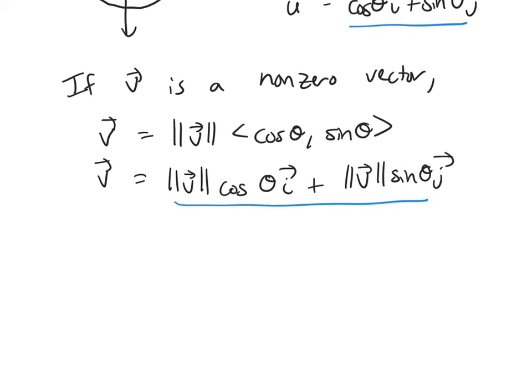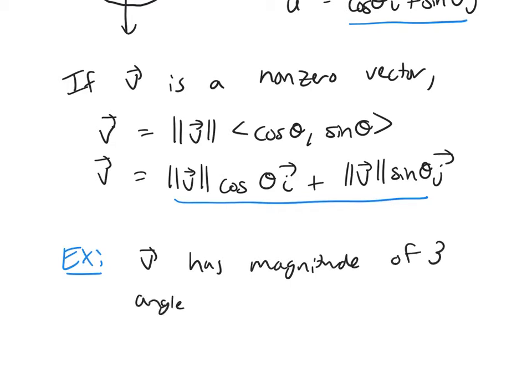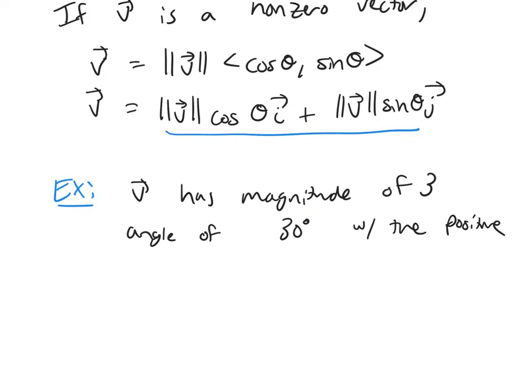So let's look at an example related to this real fast. Let's suppose I tell you that v has a magnitude of 3 and an angle of 30 degrees, which is the same thing as pi over 6, with the positive x-axis.